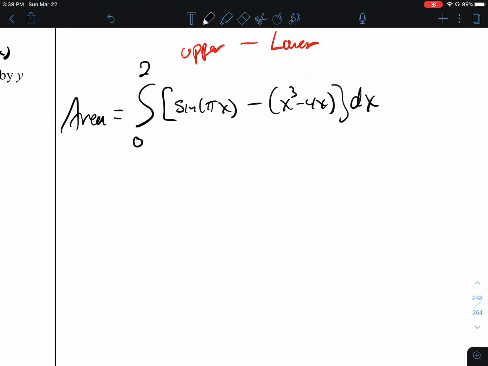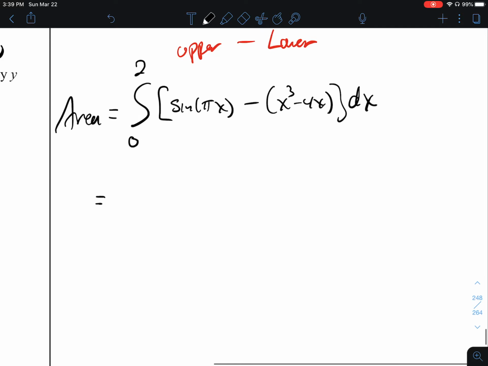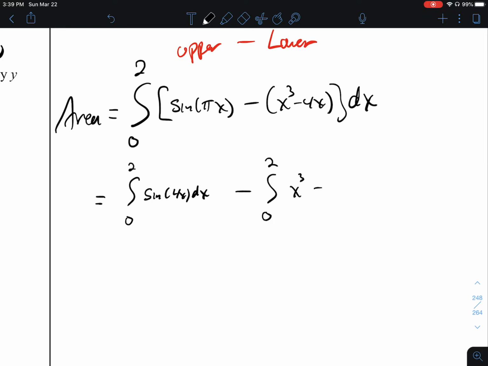Now we can get rid of some signs here. I'll do this one a little bit differently than I did the last one, just to show you that it can be done differently. We could write this as two separate integrals. Why would you want to do that? I don't know. You could. Maybe you don't want to.